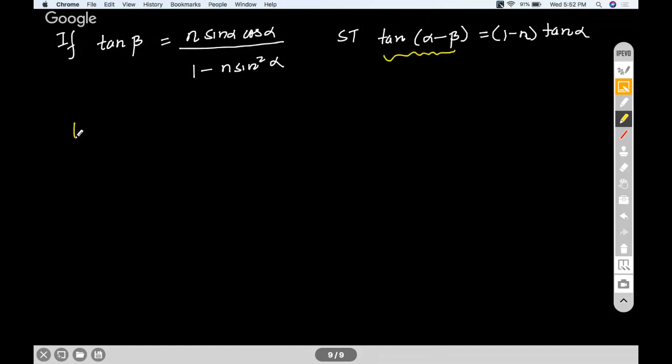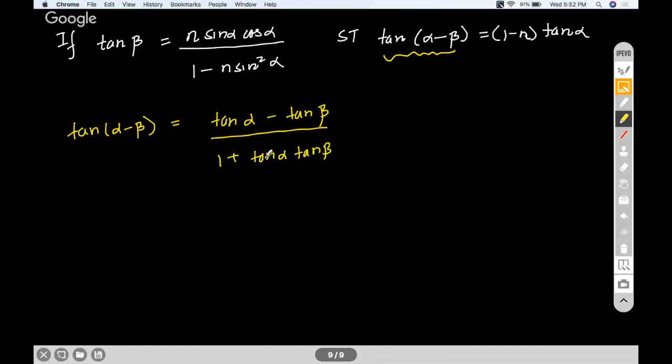Let's start with tan alpha minus beta. Tan alpha minus beta, you can write it as tan alpha minus tan beta by 1 plus tan alpha tan beta. Now let tan alpha be as such, and tan beta could be replaced by this value.